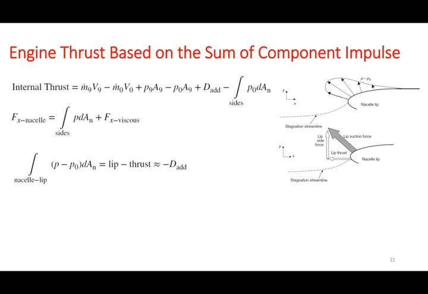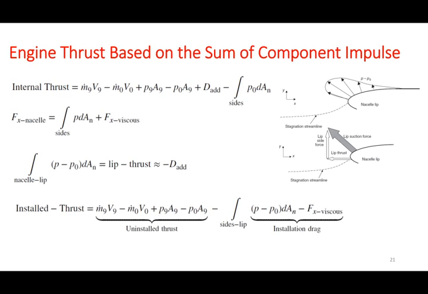And we also have the nozzle lift forces. As you can see here, we have the lift suction force, lift thrust force, and all of the side forces and thrust force. All of those forces are there, which must be equal to the negative of the additive drag based on the formulation. And you plug those in, this is what you eventually are going to get for the total installed thrust.